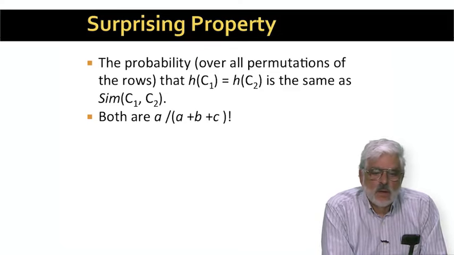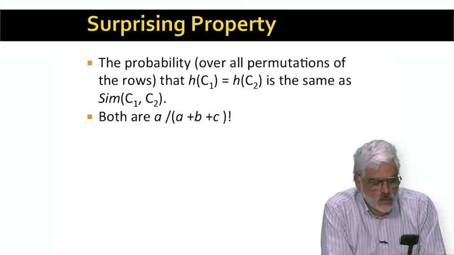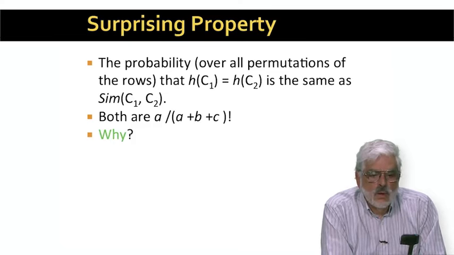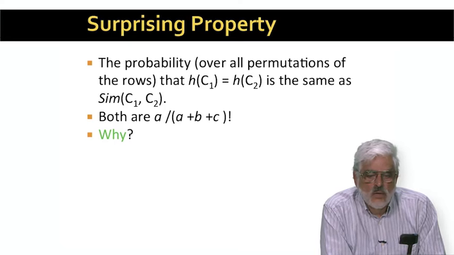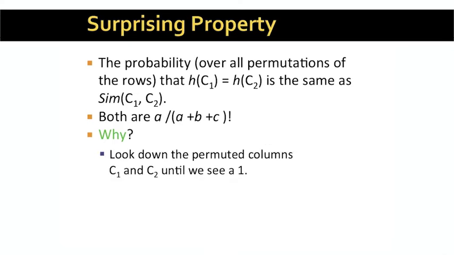Both the probability and the similarity are A over A plus B plus C. We already know that the Jaccard similarity of columns is given by that formula. So why is the probability of the min-hash values being the same also given by A over A plus B plus C? Imagine the rows are permuted in a random order, and imagine going down the two columns in this order.